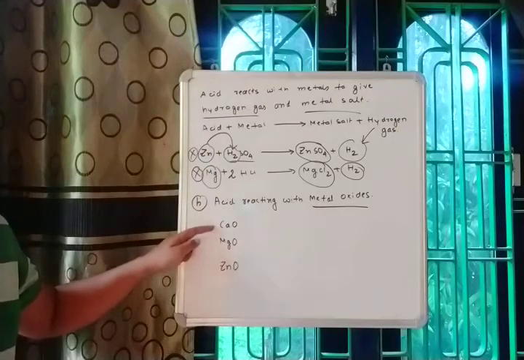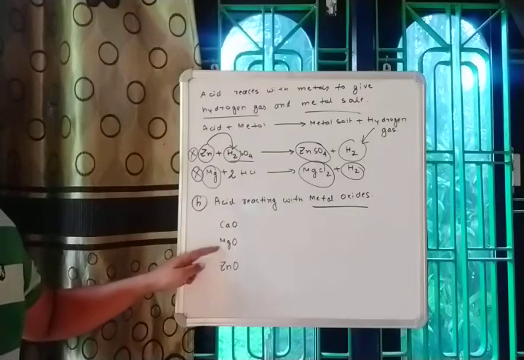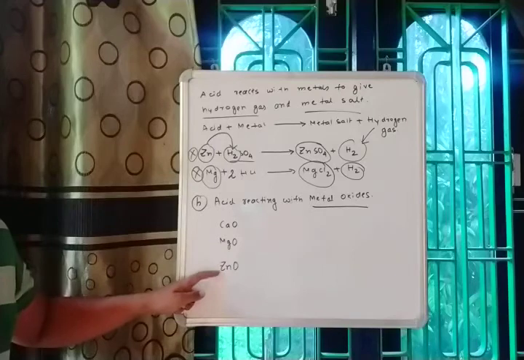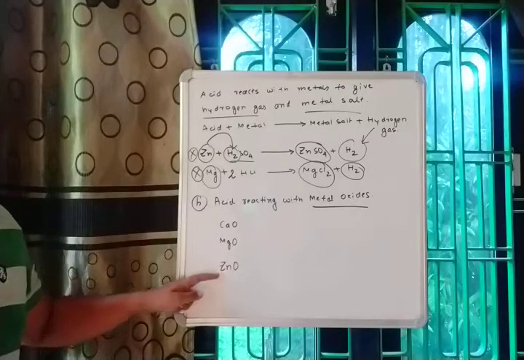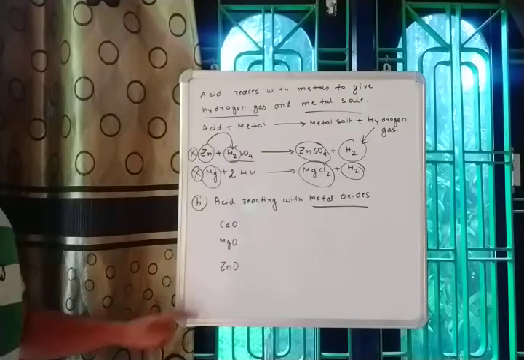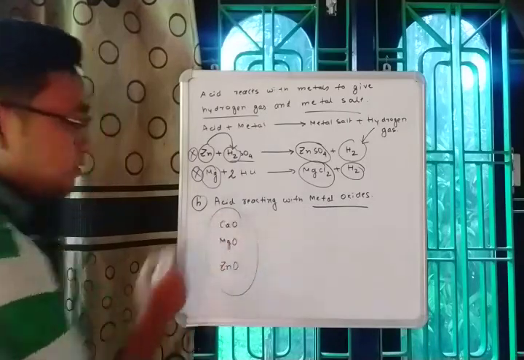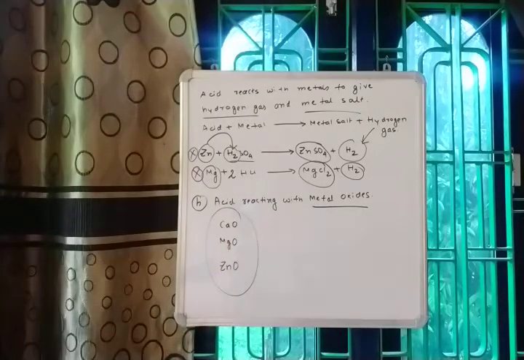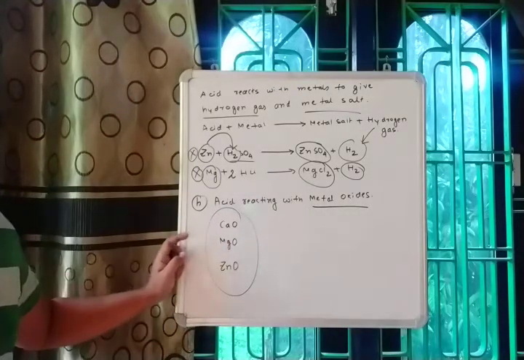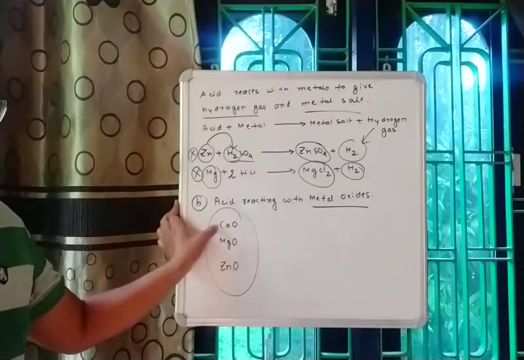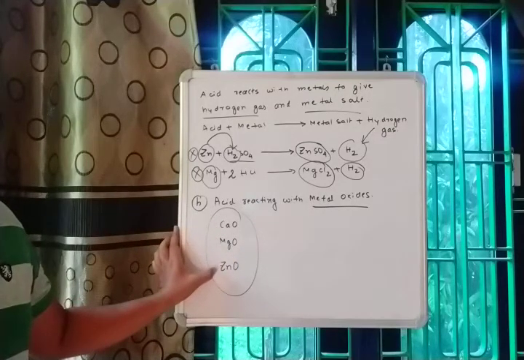CaO, calcium oxide, MgO, magnesium oxide, ZnO, zinc oxide. These are all oxides. To be more precise, what kind of oxide? Metal oxide. Because calcium is metal, magnesium is metal, and zinc is also metal.